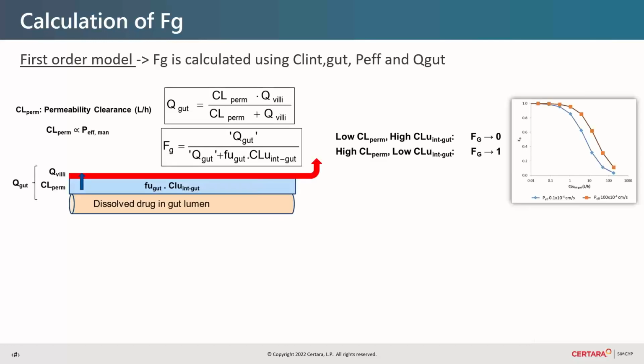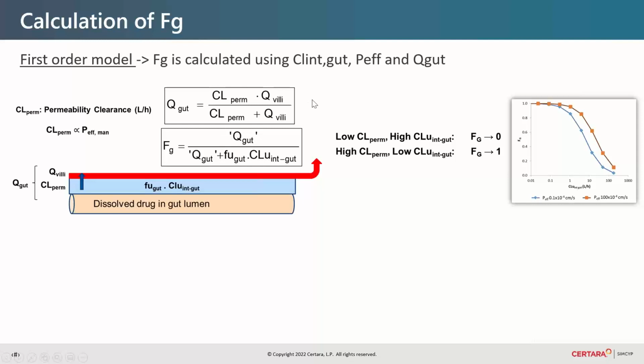In terms of calculating FGE, the fraction of compound that's not metabolized on first pass through the intestine, for the first order model we do that using the Q-gut model, where FGE depends on Q-gut and the unbound intrinsic clearance in the whole intestine.